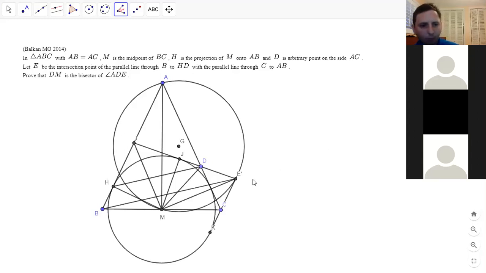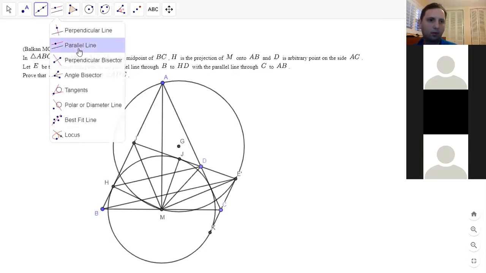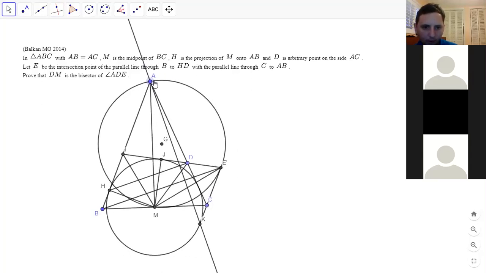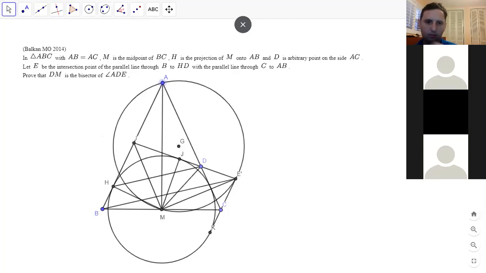Okay, maybe MKE prime is similar. Is MKE prime a right triangle? Is AJ perpendicular to HD? No. Okay.